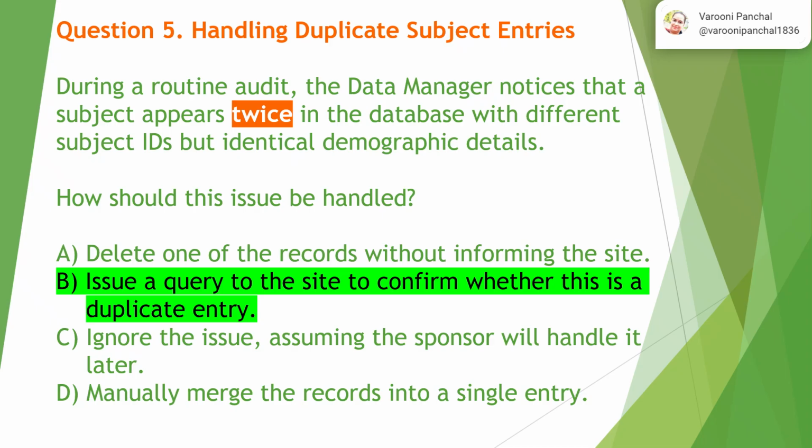Like I said earlier, whatever changes you make in the database, you also have to take the consent or confirmation from the site. You have to first inform them and explain to them, and unless and until you get confirmation from the site representative, you cannot update, delete, ignore, or do any kind of manipulation in the database. So this is not the right answer.